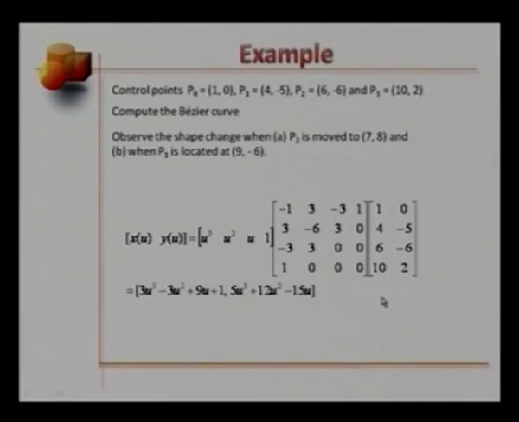Working out the algebra is not very difficult here, so I'll just give you the results. The x component is given by 3u cubed minus 3u squared plus 9u plus 1, and the y component is given by 5u cubed plus 12u squared minus 15u.